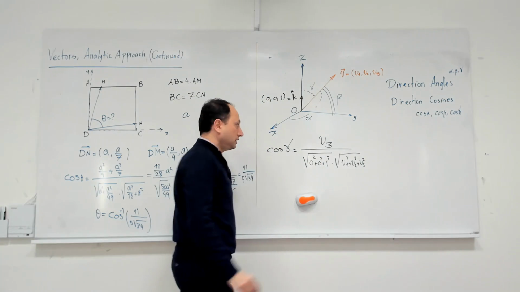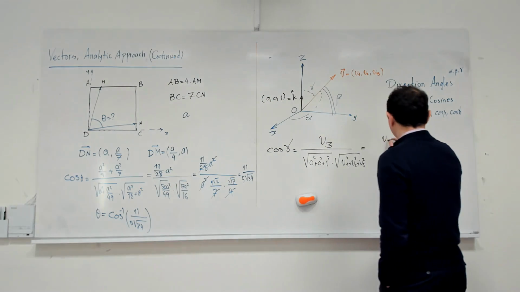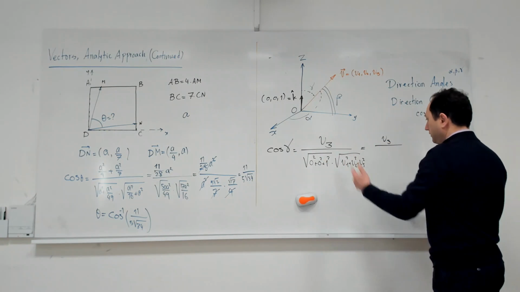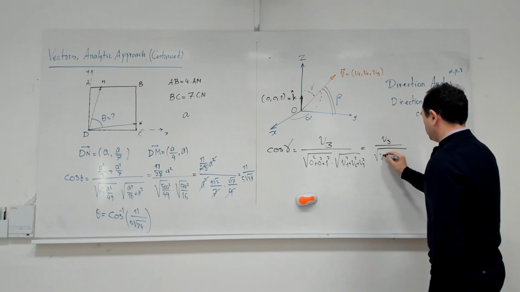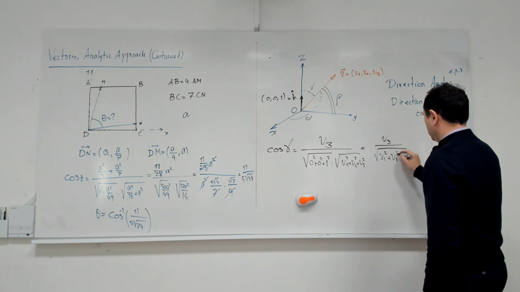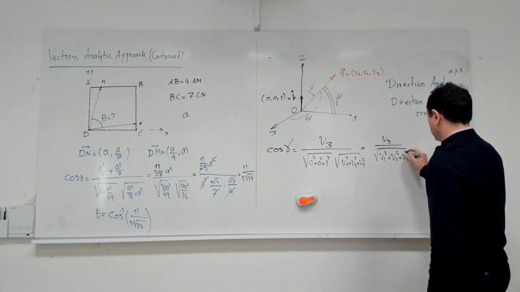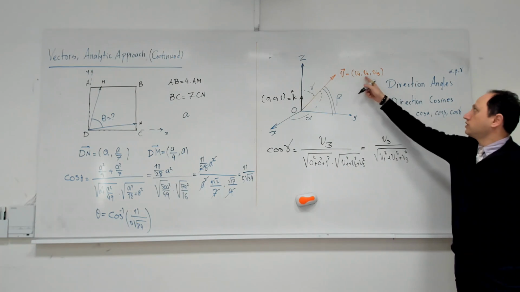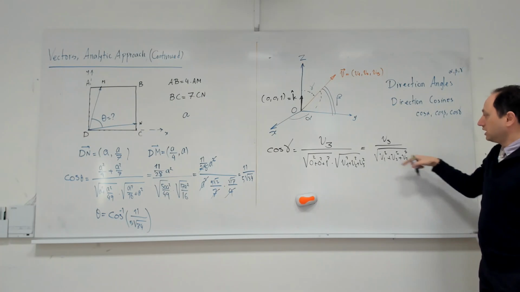Yes? And then what happens? The numerator becomes simply V sub 3. This is just 1, and I have to keep it.